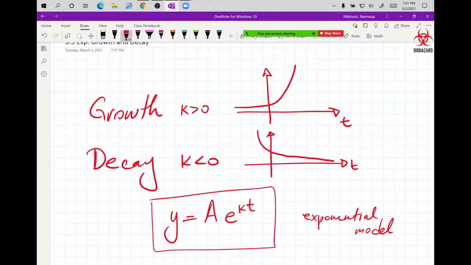And you have, let's say, growth of money in the account due to interest, or growth of the money because there was a loan given at a certain percent. The loan that you took, let's say on 10,000, over time will grow to add interest, right?